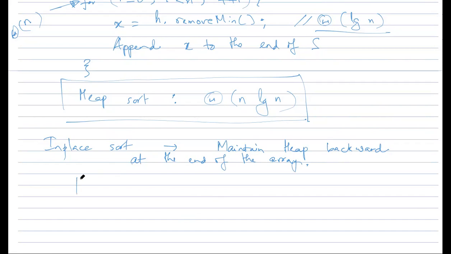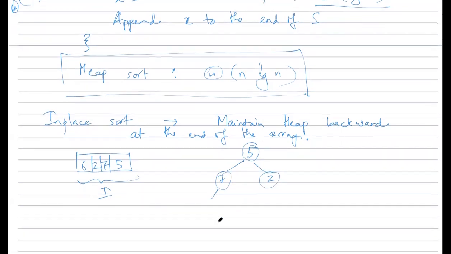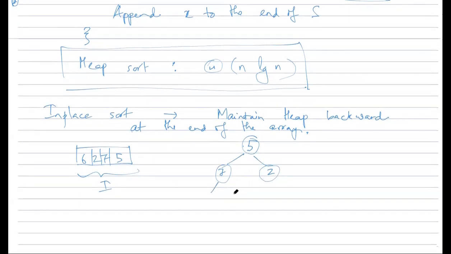So if you take 6, 2, 7, 5 as our initial input, so here you've got 5 here, and then 7, 2, and 6.